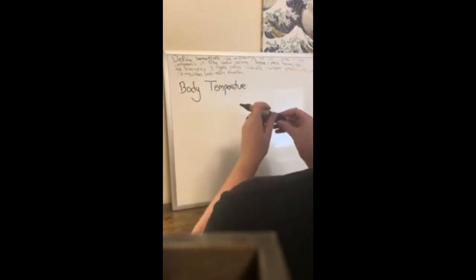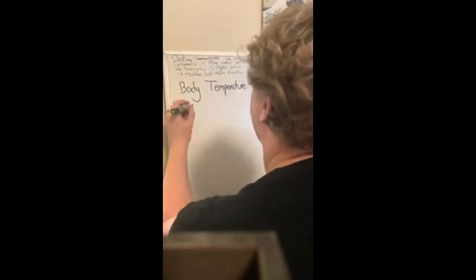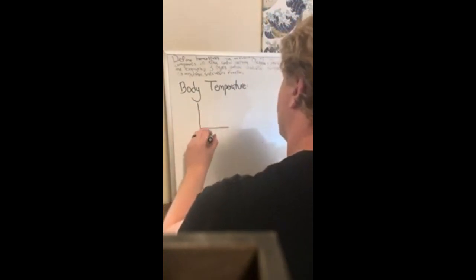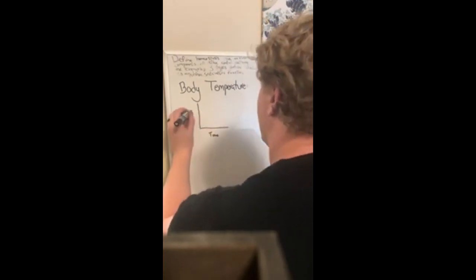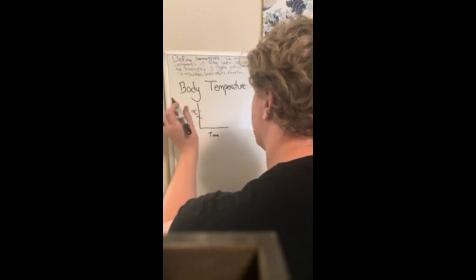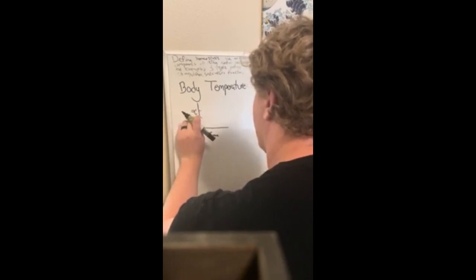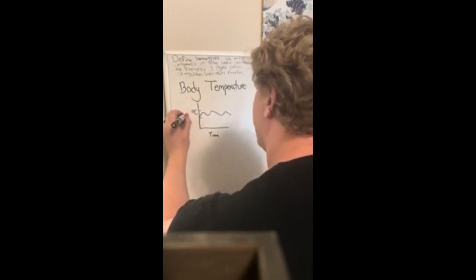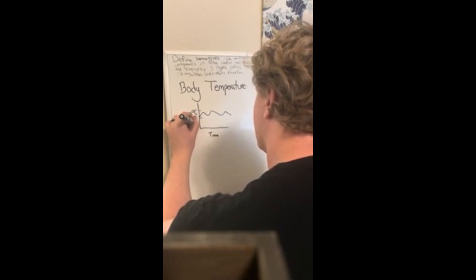So the average temperature of a human, we'll call this degrees Celsius. Typically, there's a range of temperatures in which a person will go throughout a day. The average of those is usually 96.8 or 37 degrees Celsius.